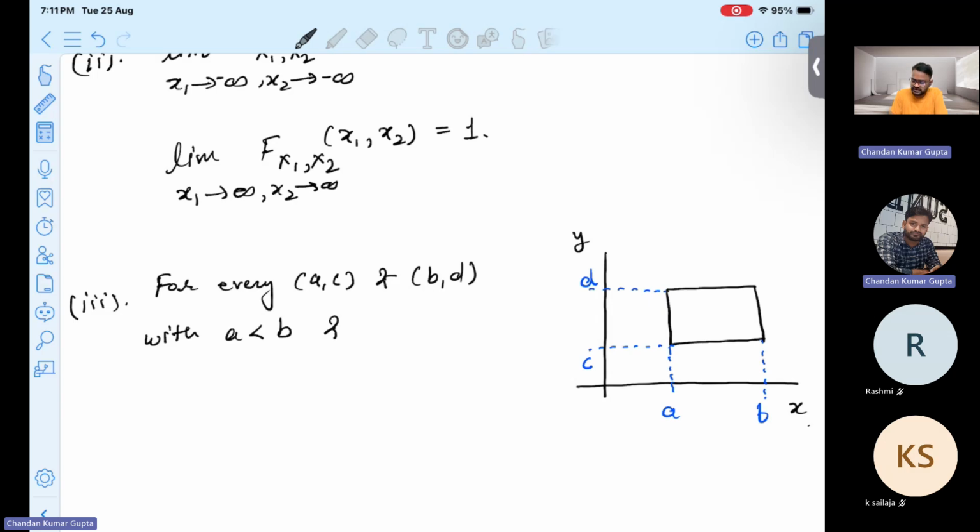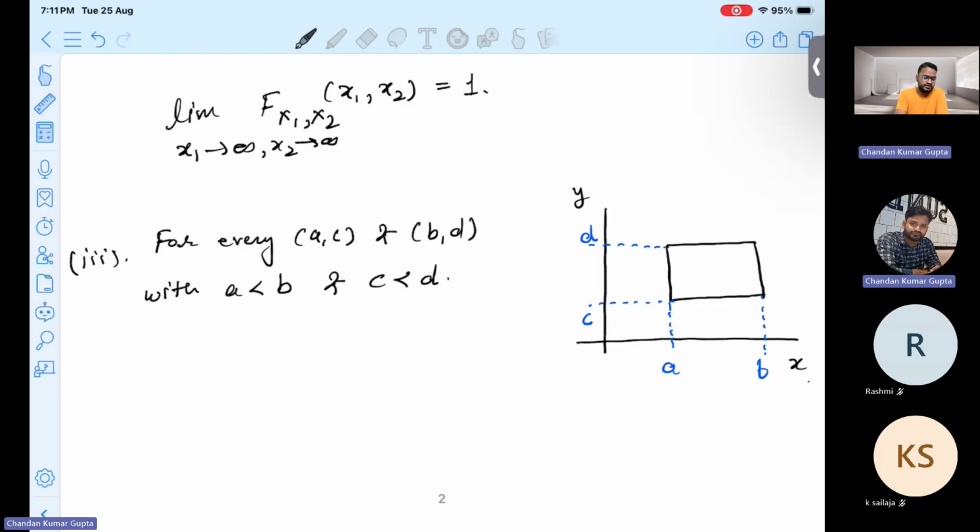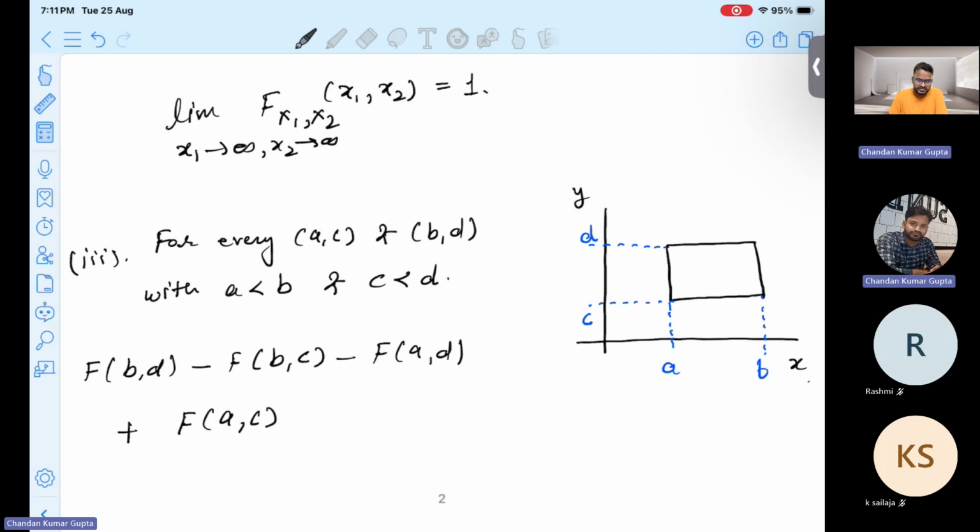for every AC and BD with A less than B and C less than D, we have one more property that must be followed by this function. That is, f of BD minus f of BC minus f of AD plus f of AC.